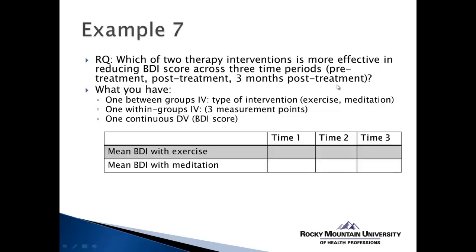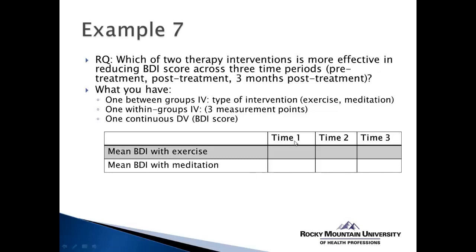Now to graph this, again, we have columns representing one of our independent variables, in this case the passage of time. This is our within groups independent variable, time 1, time 2, and time 3. And then we have 2 rows representing the between groups independent variable, exercise or meditation, again measuring the same numeric outcome, mean BDI score.